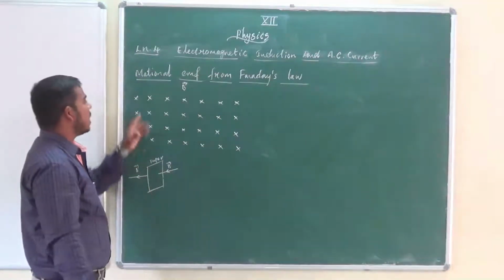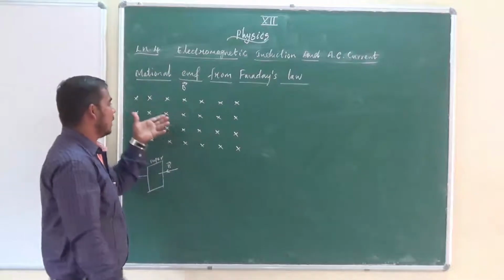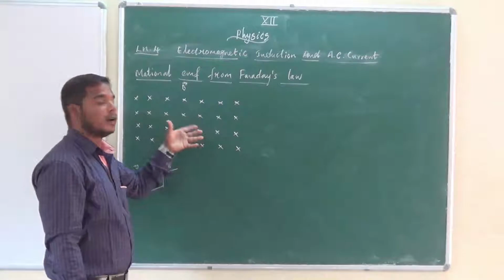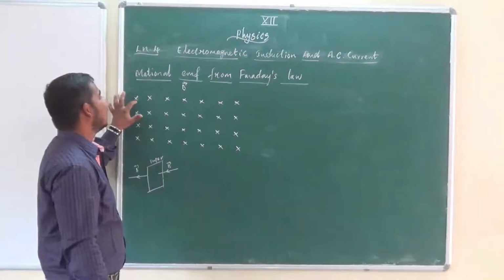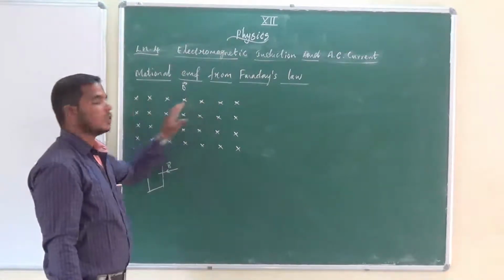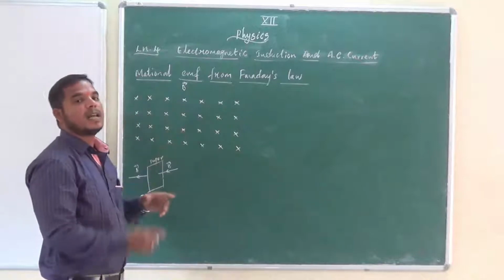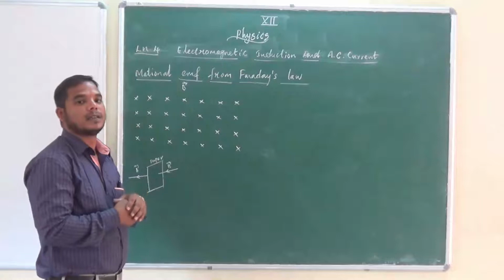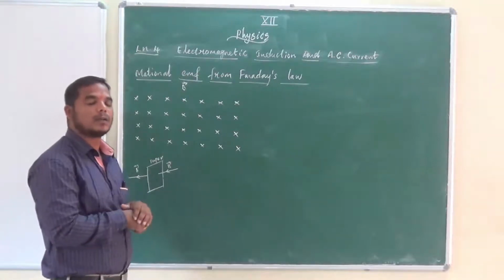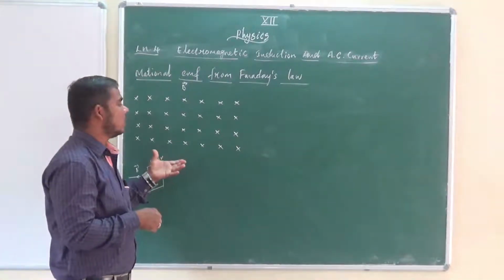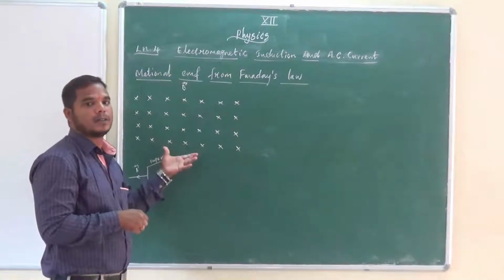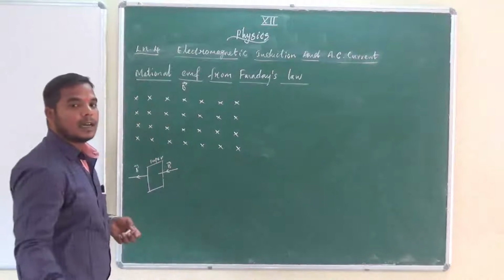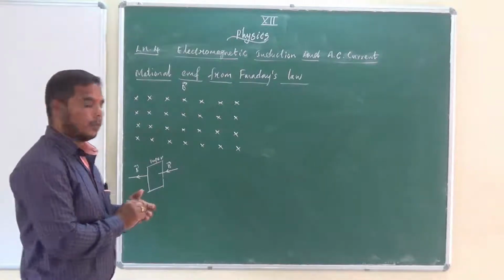In the same diagram, the magnetic field acting perpendicularly inward to the paper is represented by the cross symbol. Got it? So what is the cross symbol indicating? The magnetic field is acting perpendicularly towards the paper, into the paper, inwards.